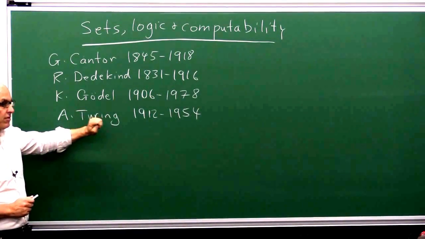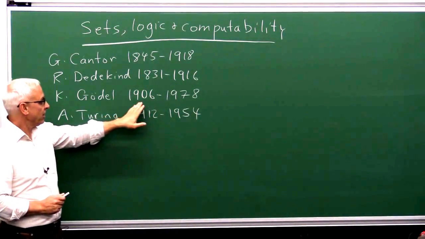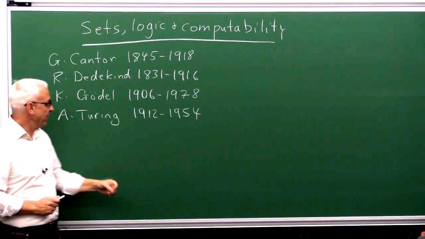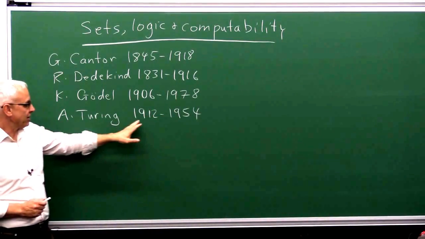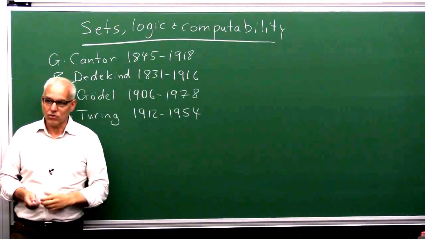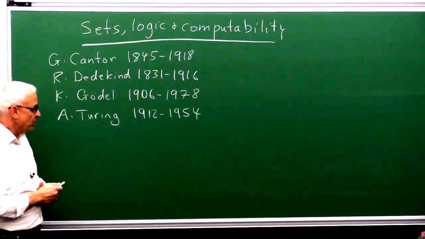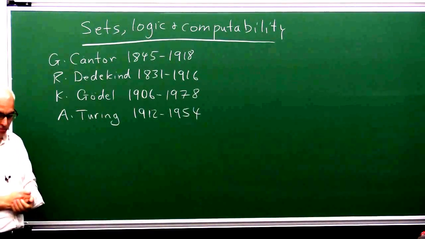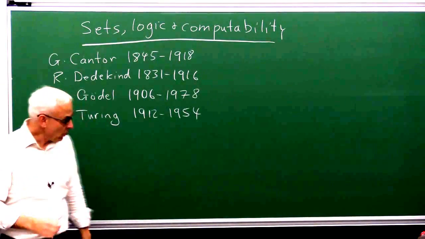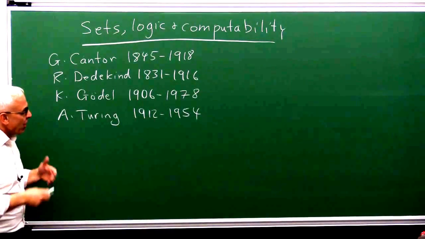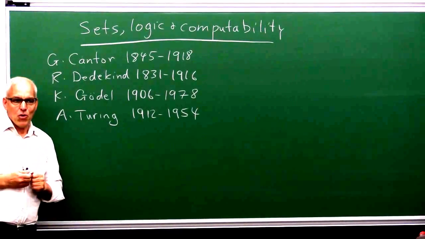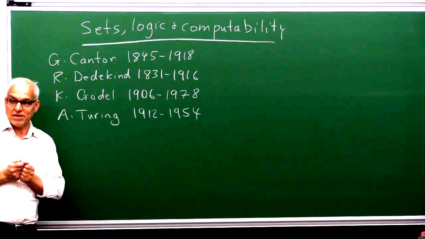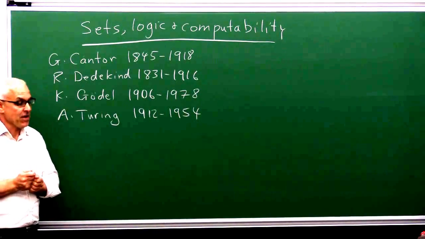Kurt Gödel, brilliant Austrian logician, lived from 1906 to 1978. And Alan Turing, 1912 to 1954, was one of the sort of pioneers of computability and the role of the modern computer.